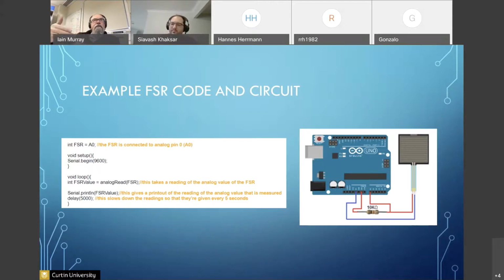And by putting multiple sensors across the insole of the shoe, for example, you can also tell when the foot is on the ground by the change in that resistance. So you look for a change rather than an actual value. You can adjust the sensitivity by adjusting the value of this resistor, the 10K resistor, and that can allow for people's different weight. But they are used in things like gait analysis more for detecting events rather than measuring actual pressure because of the accuracy issues.